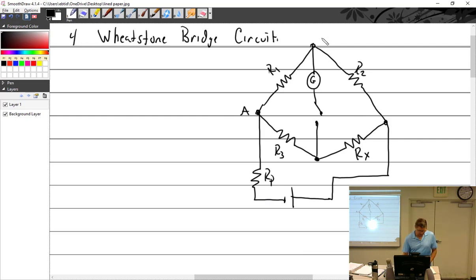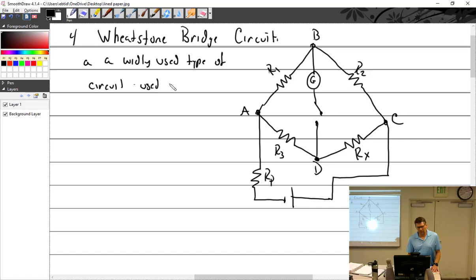Label that A, put that B, we'll label that C, we'll label this one D. Points A, B, C, and D. So Wheatstone Bridge. This is a widely used type of circuit. Used for measuring resistance.